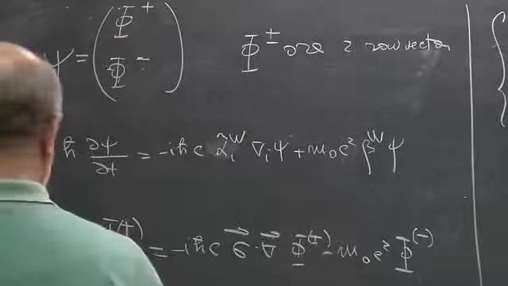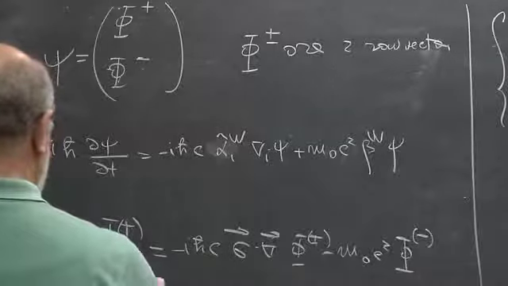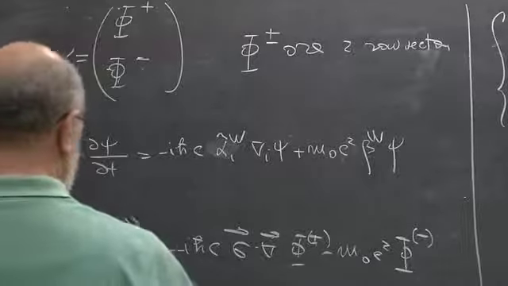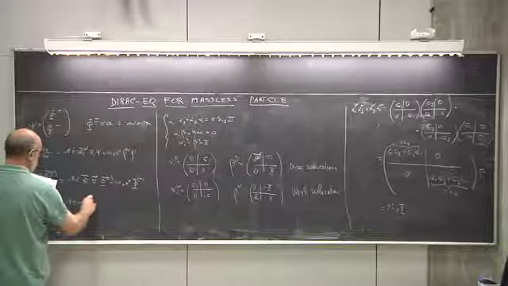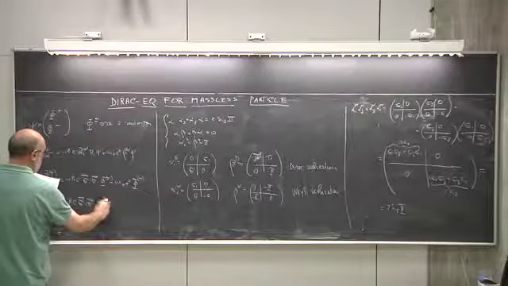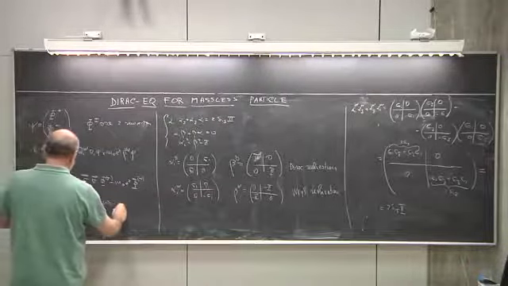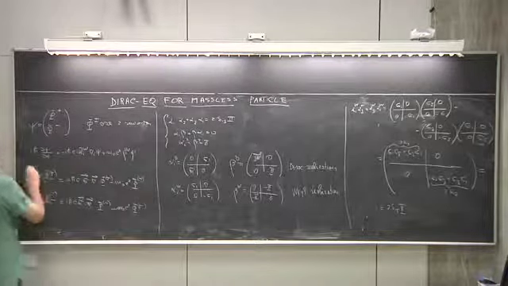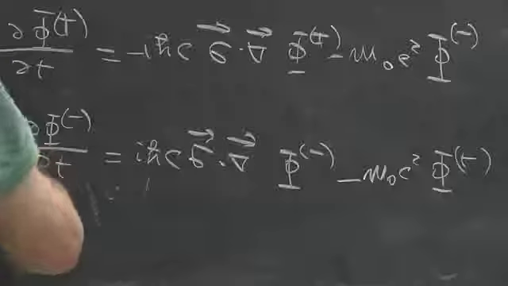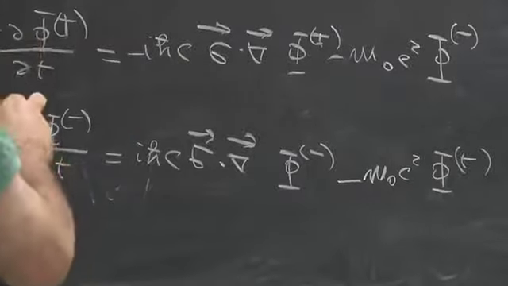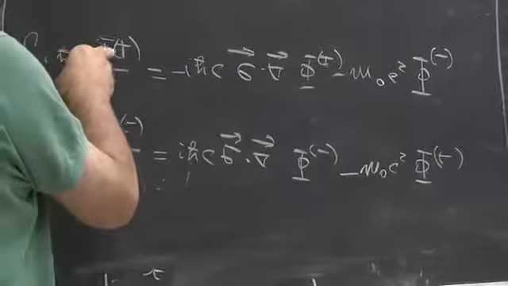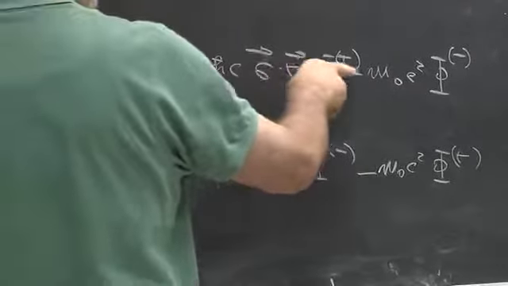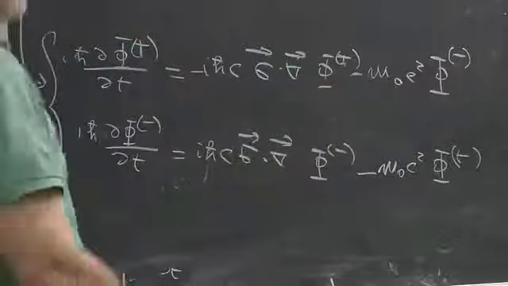And the other equation is iħ... you see, so the four-dimensional Dirac equation becomes this, each of them a two-dimensional Dirac equation, because φ+ and φ- are coupled: φ+ depends not only on φ+ but also on φ-. What couples them is the mass.